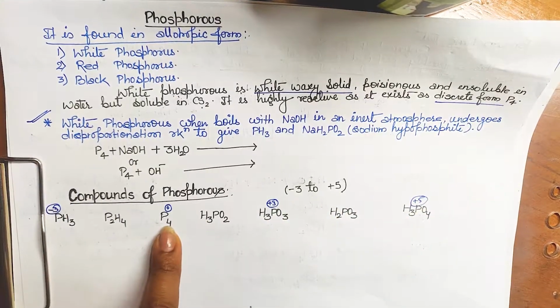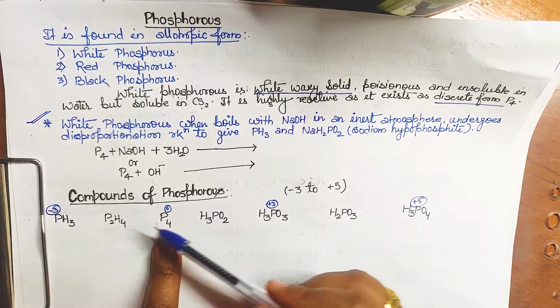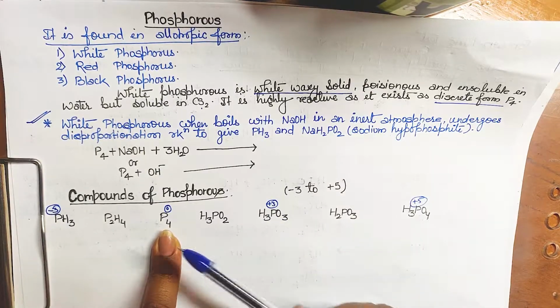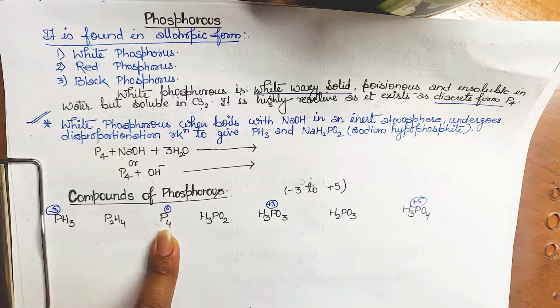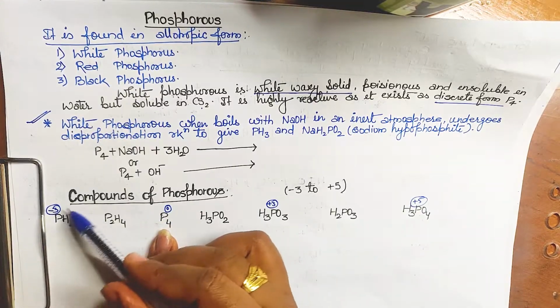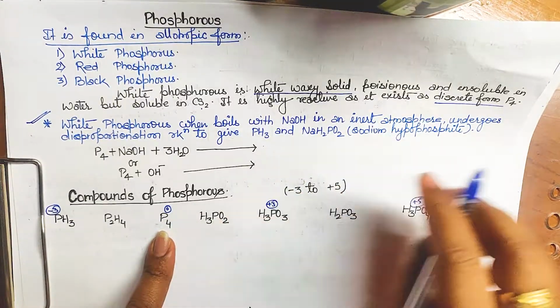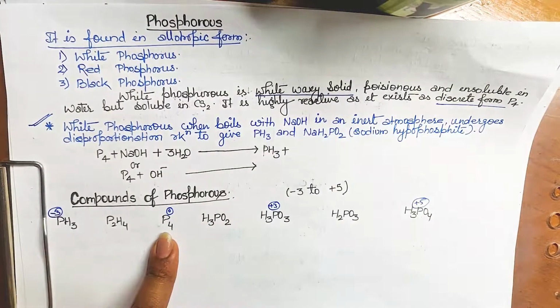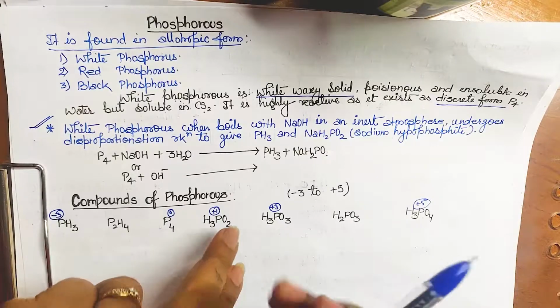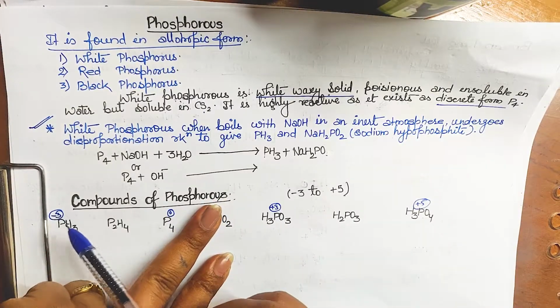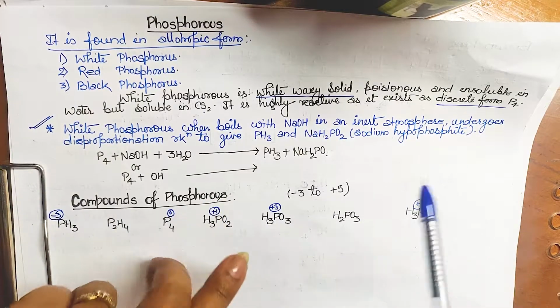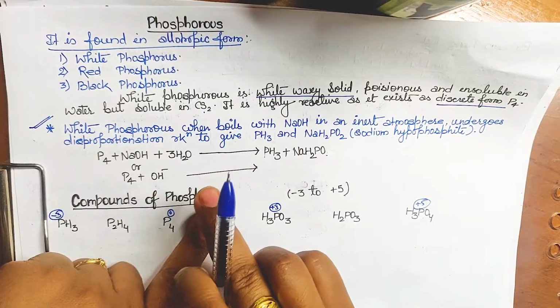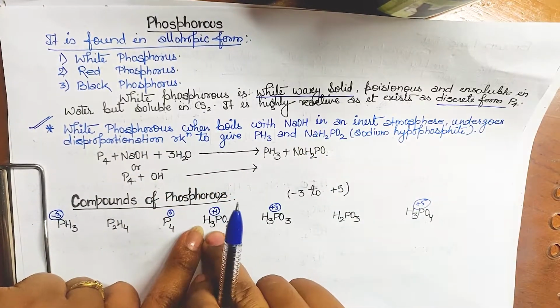So if it is here, it can be oxidized like this, and it can be reduced also. For reduction, the stable one is only PH3. So we will make this PH3. Clear? Any problem? Now for oxidation. Although I told you that this one is a stable one, in this specific reaction it will give you the +1 state.